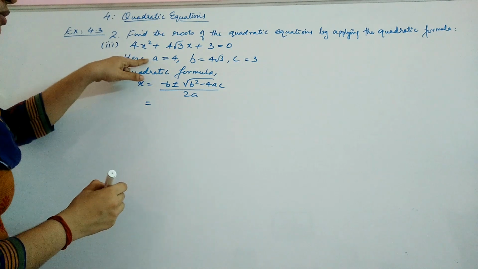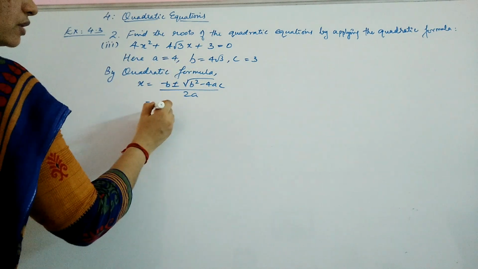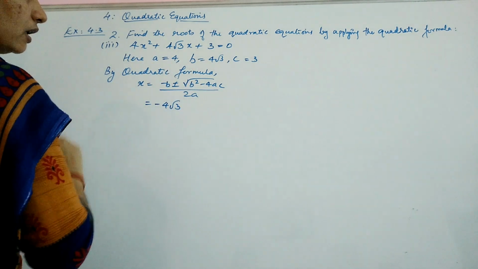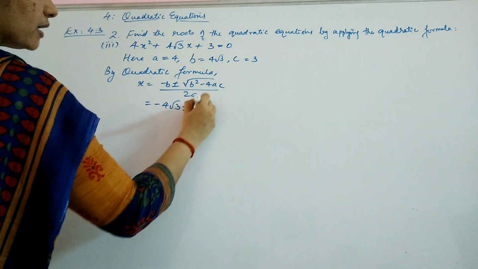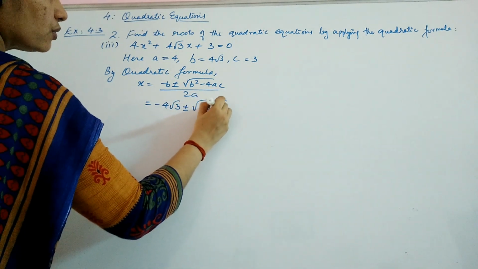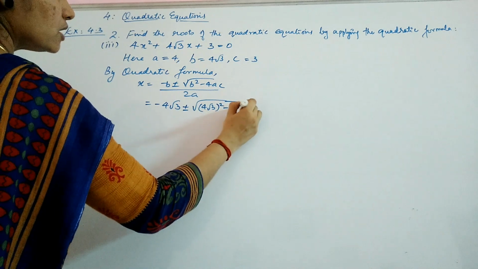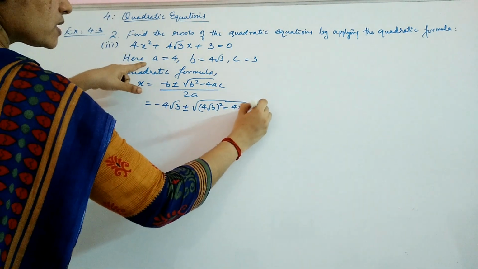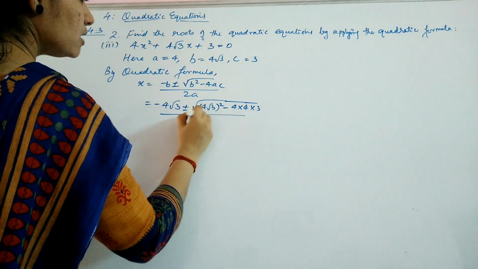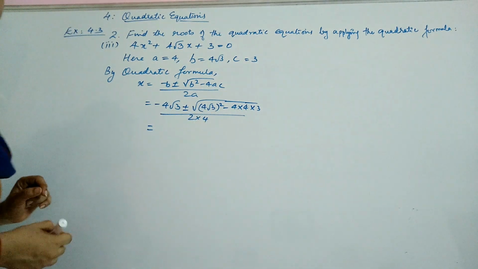Now replacing the values, b is 4 root 3, so we will get minus 4 root 3 plus or minus root of b square, which is 4 root 3 the whole square, minus 4 into a, which is 4, c is 3, divided by 2 into 4, 2a.